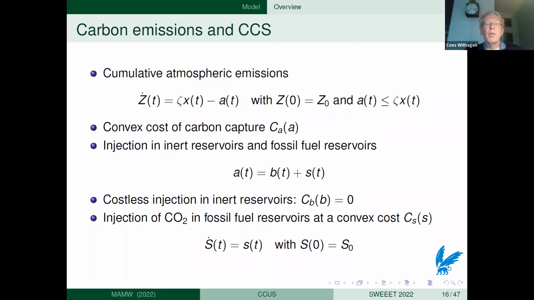And there is a convex cost Cs of S of injection of CO2 in fossil fuel reservoirs. And the stock of CO2 in the fossil fuel reservoir is denoted by capital S. So S dot, capital S dot, gives you the increase of CO2 in the fossil fuel reservoir as a consequence of inserting captured CO2 in that well.